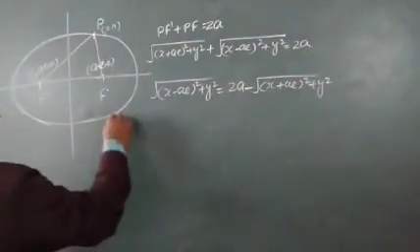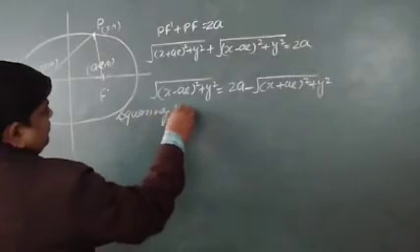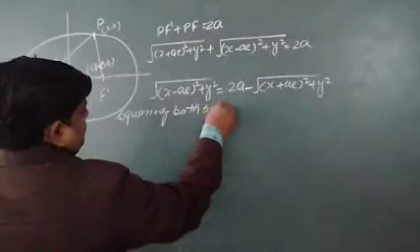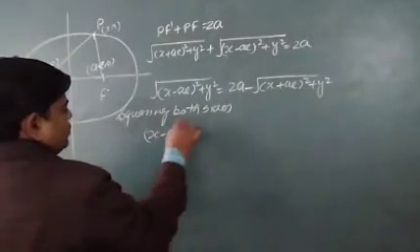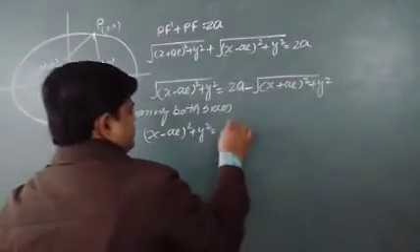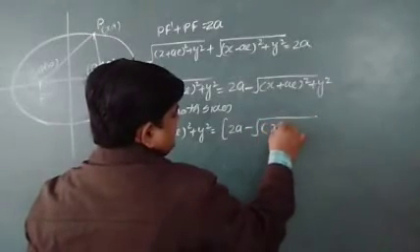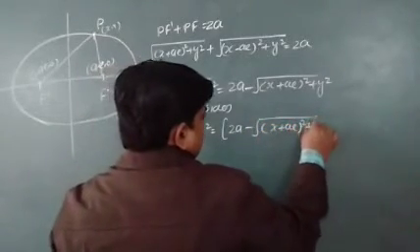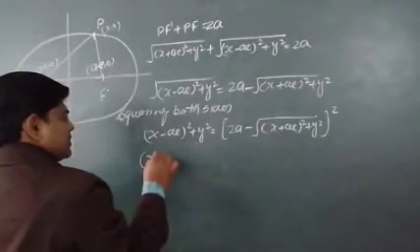Now if I square both sides, it can be (x minus a) the whole square plus y square. Now using (a minus b) the whole square, it is 2a minus under root (x plus a) the whole square plus y square, the whole square. What can I write here?